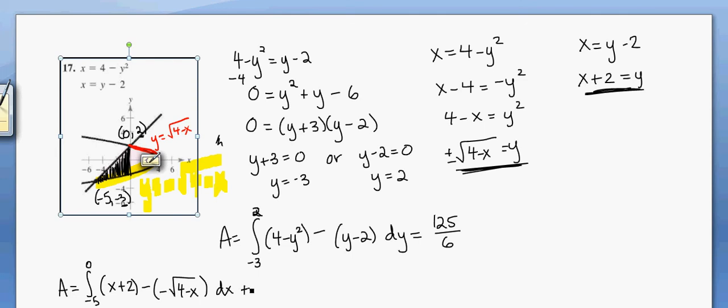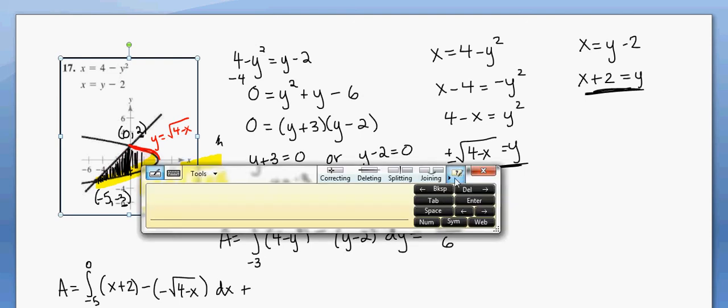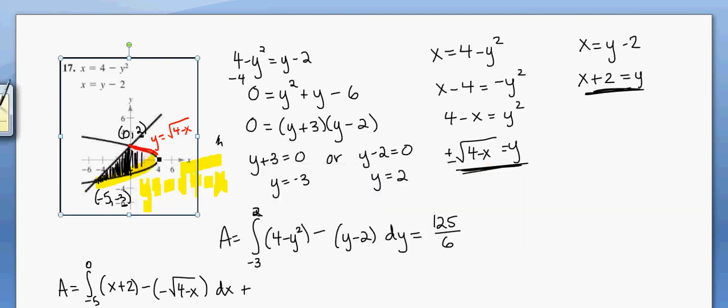Notice I've only found the area of this region, so now I have to go to the rest of this region. The red part is the top half of the sideways parabola, so that's the top curve minus the bottom half of the parabola: the square root of 4 minus x minus the negative square root of 4 minus x.